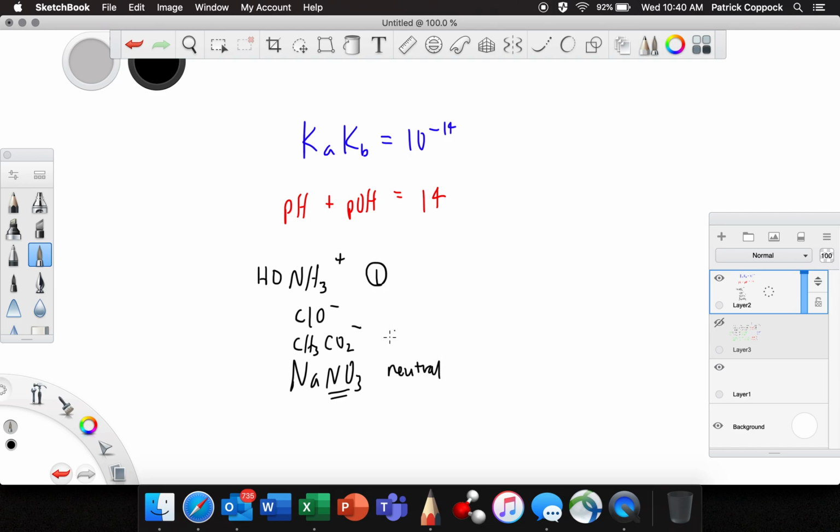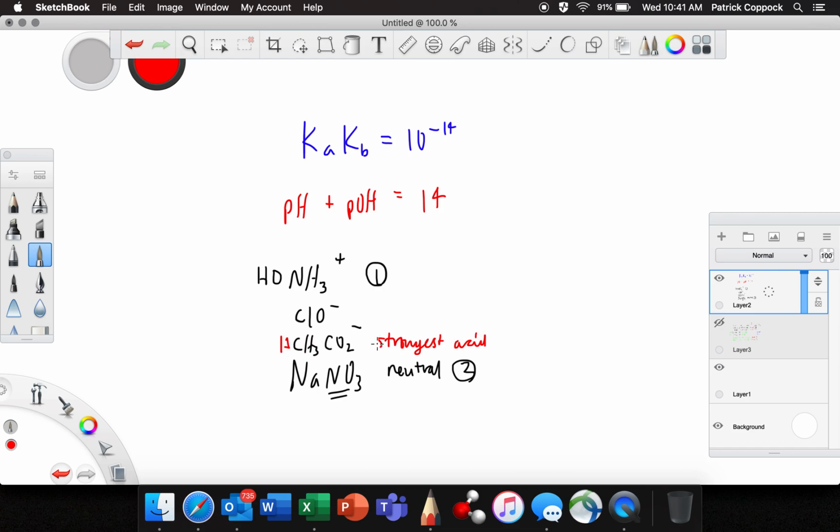Okay, so since these are both going to be basic, this is going to be number 2, and this was the strongest acid, so it's going to be the weakest base. So this is going to be the strongest base. I'm going to write this down here. Right? That was the strongest acid. When it was acetic acid, that was the strongest acid.